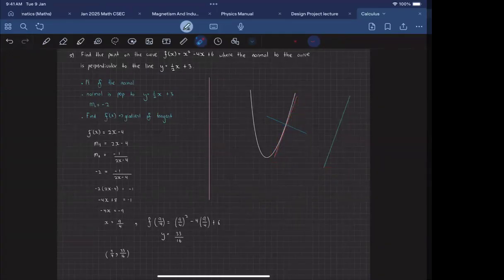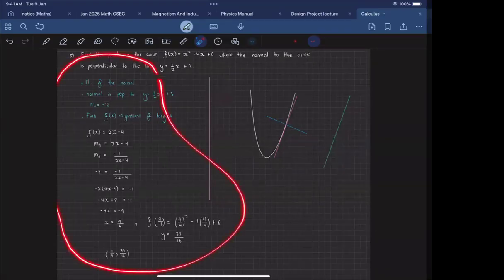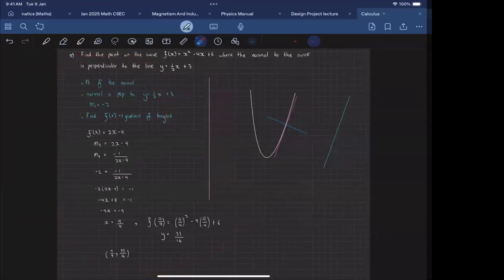Amy, that is the last thing for today, right? So Amy, look at this question. When we did it in class, we did it this way, but there's another way to do it. I just realized they are saying that the normal is perpendicular to the line. So if the normal is perpendicular to the line, then it will be parallel to the tangent.